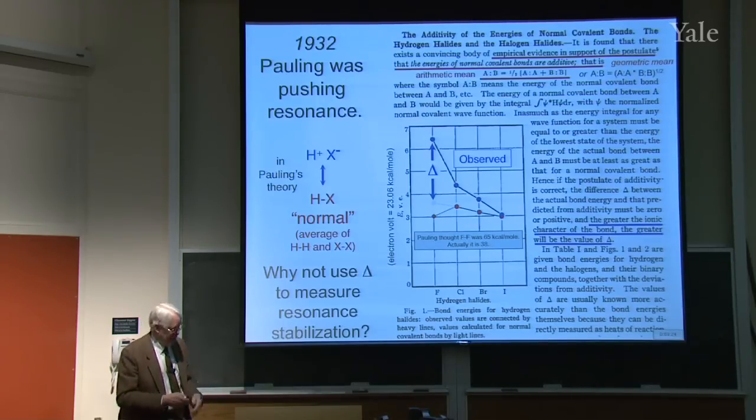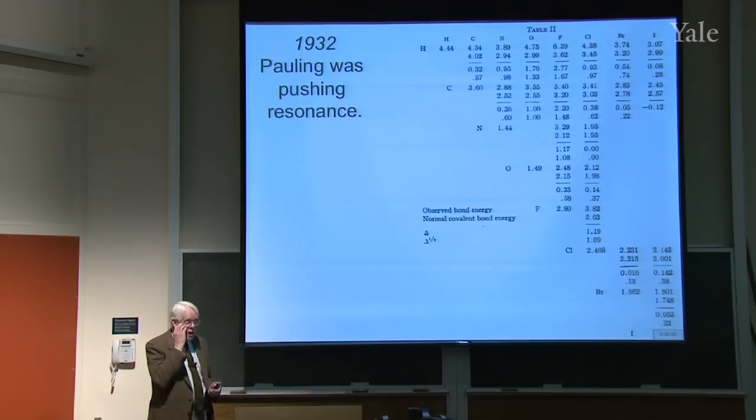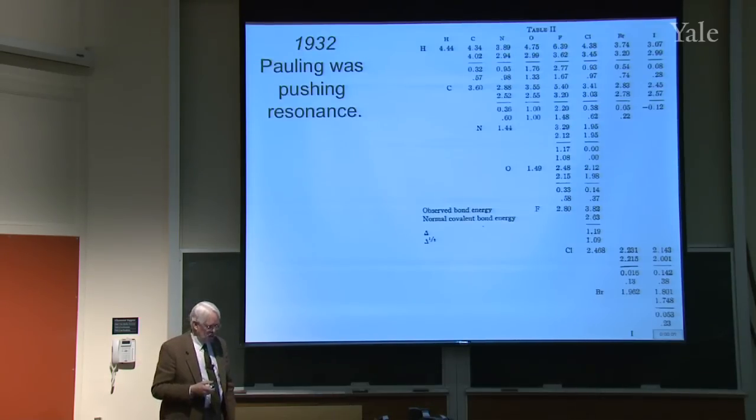And now you measure these, and then the difference tells you how important resonance stabilization is. And then you try to see if there's something you can correlate to predict how important resonance stabilization should be. Right? So he has this rather complicated table 2 in the paper, which has observed bond energies, normal bond energies, delta, and the square root of delta.